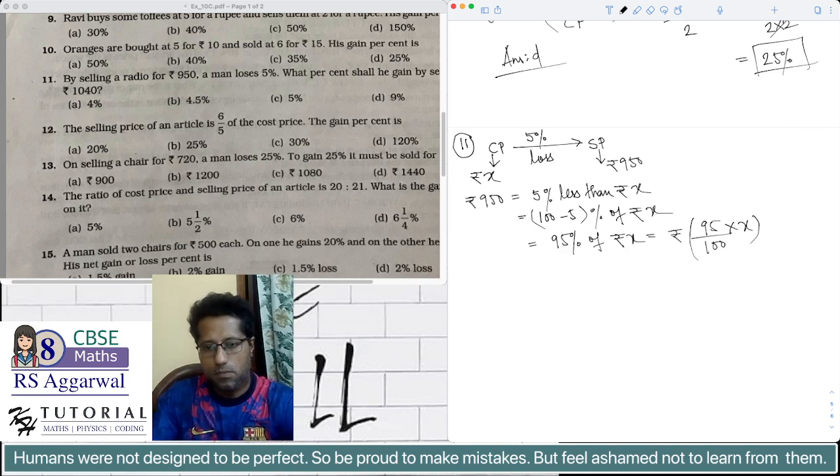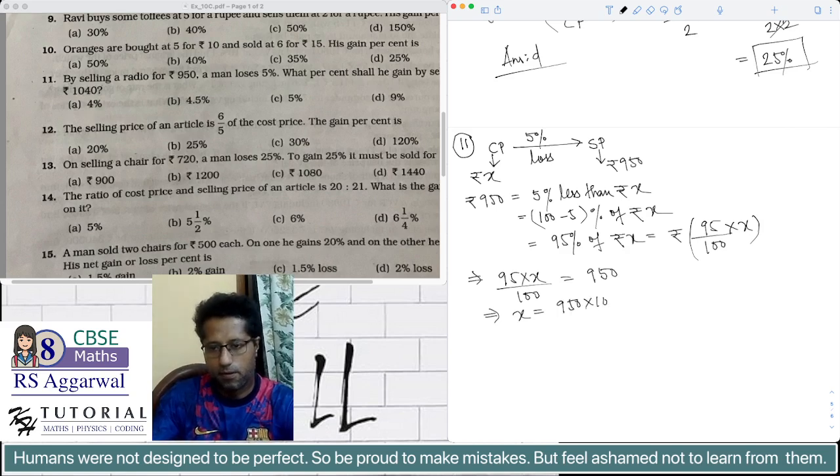Now this implies 95 multiplied by x divided by 100 should be equal to 950. So x is equal to 950 multiplied by 100 divided by 95. This is equal to rupees 1000. So the cost price is rupees 1000.